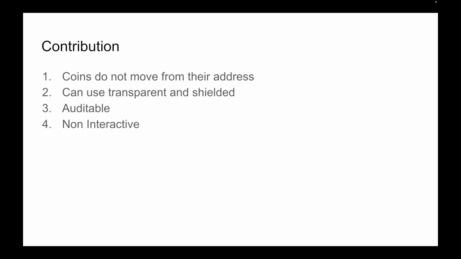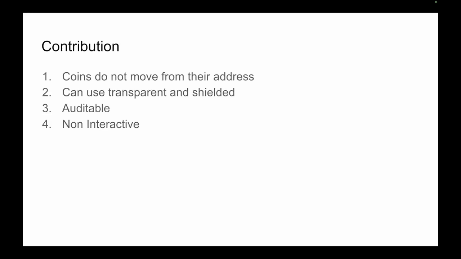And finally, the last property is more like a convenience property. It's non-interactive. So you cast your vote, and that's all you have to do. You don't have to communicate further with the organizer, right? Just go there, prepare your coin, send the vote, and that's it. We don't require much more than that.